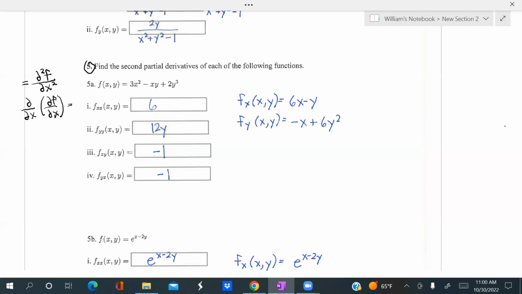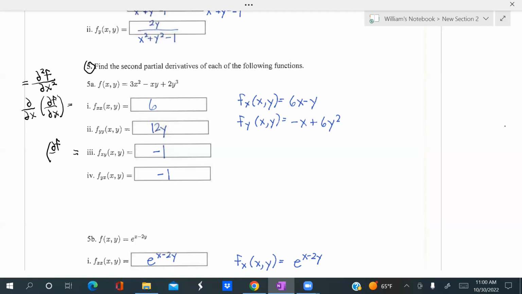Now let's look at the mixed partial derivatives: first differentiating with respect to x, and then differentiating with respect to y. How does that look in classical notation? What the modern notation is saying is: first, find the derivative with respect to x.